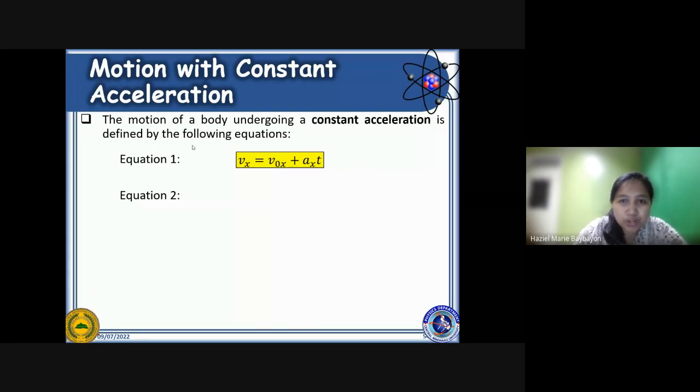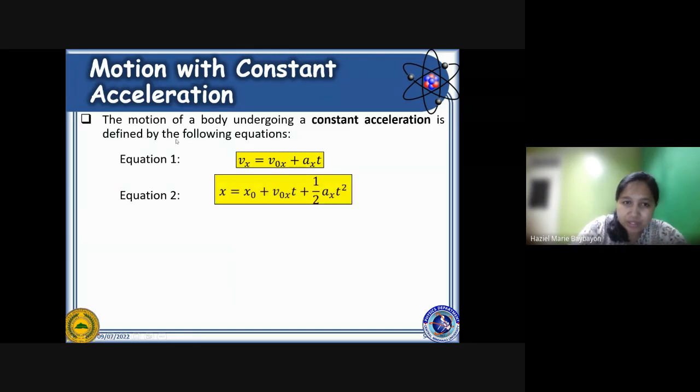Okay, so for now, we will get to know these four kinematics equations. The four kinematics equations can be used only for motions that undergo constant acceleration. Okay, so here is equation 1. v sub x equals v naught x plus a sub x t.